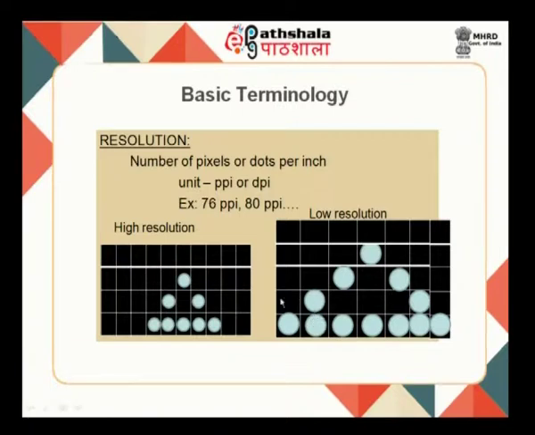For example, printer resolutions are 2000 dots per inch, and even higher resolutions are available for printers. Whereas for display devices, resolutions are generally like 76 ppi, 80 ppi and so on. So, now you should be able to compare resolution and pixel dimensions, which are so important.